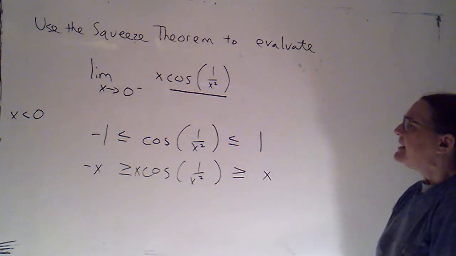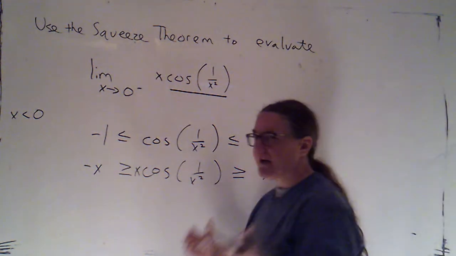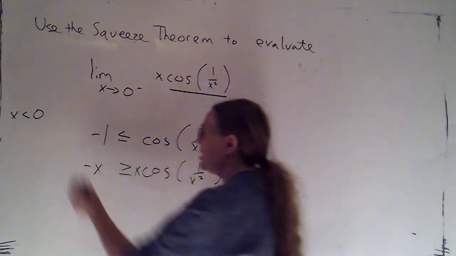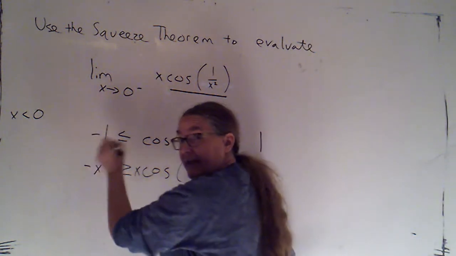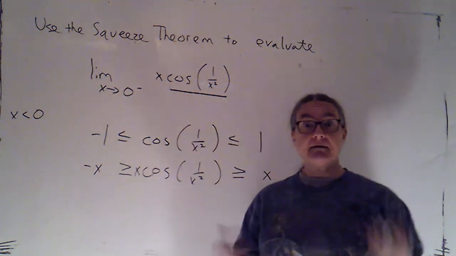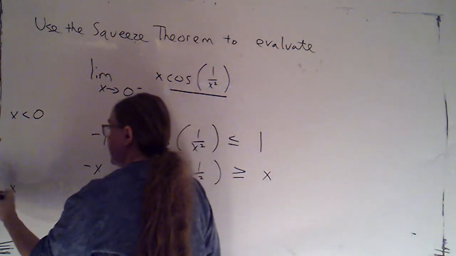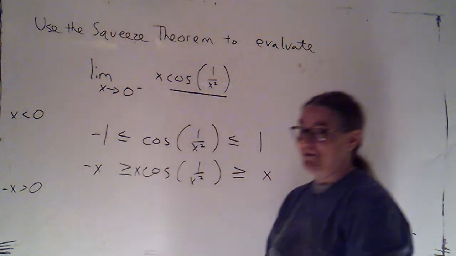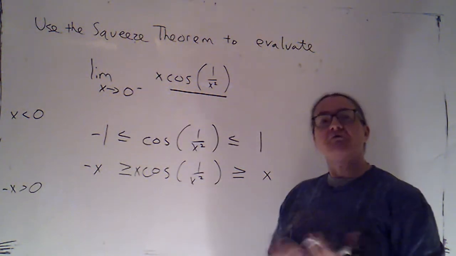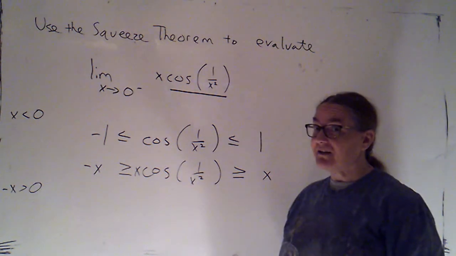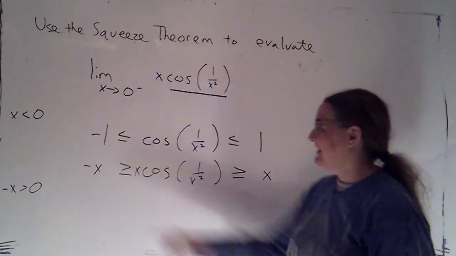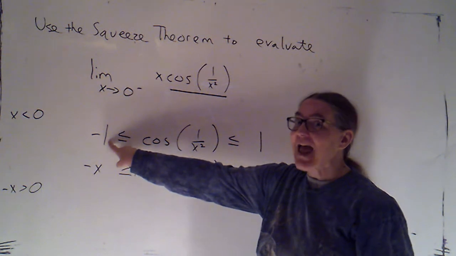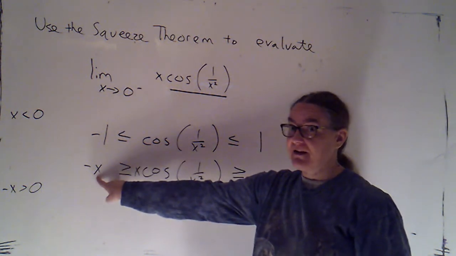Okay. Now sometimes people want to say, well, because x is a negative number, shouldn't I multiply through by -x? No. If x is a negative number, -x would be a positive number. I didn't want to multiply through by that. So the fact that x is negative does not mean that you're writing an additional negative sign. -1 times x is going to have one negative sign in it.